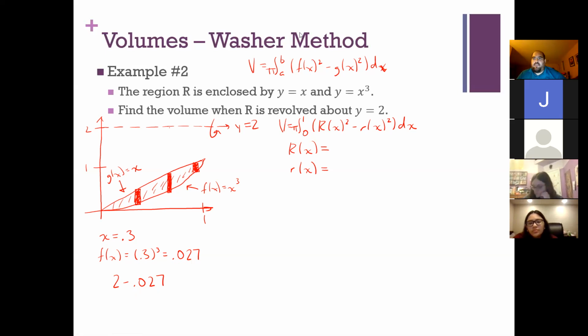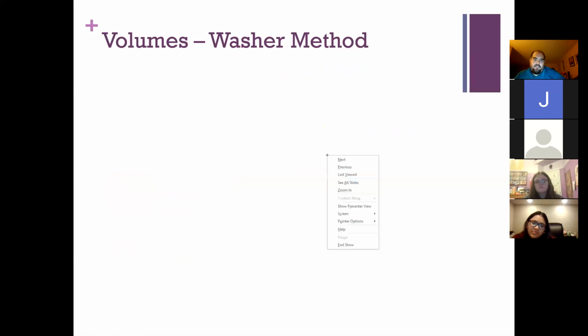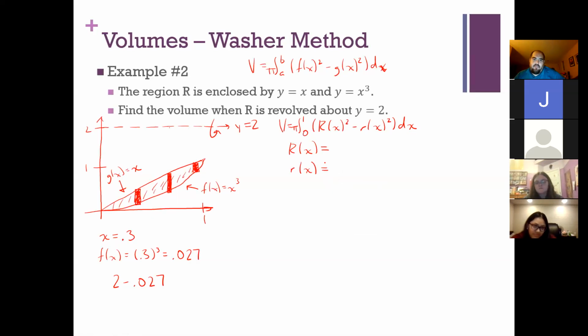You feel okay about it? Okay, that's totally solid. So if we generalize that, then what we're going to have is this. Okay, so we have 2 minus x cubed.